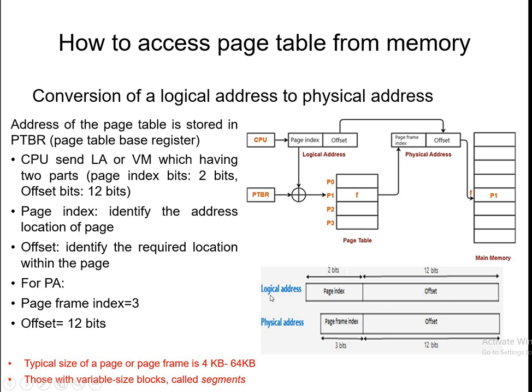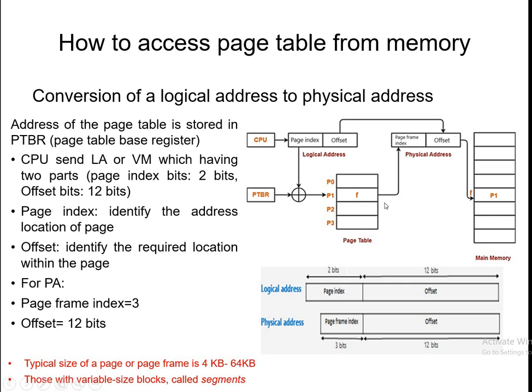So a 14 bit logical address is used for this example, which has 4 pages with a page size of 4 kilobytes. If the page size changes, the number of bits required for the offset will change, and if the number of pages changes, the number of bits required for the page index will also change.